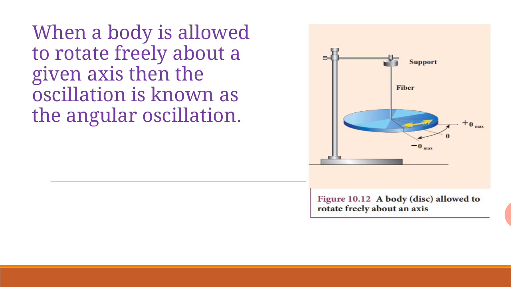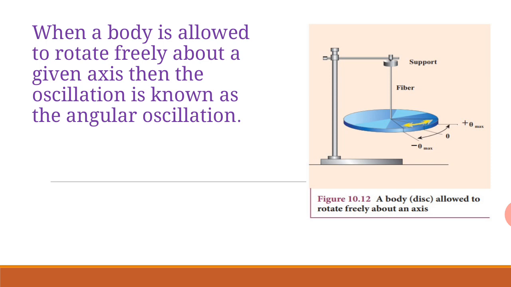Now let's start. When a body is allowed to rotate freely about a given axis, the oscillation is known as angular oscillation. Now just observe this diagram. You can see one disc is hanged, or suspended, from a rigid support with the help of a fiber.